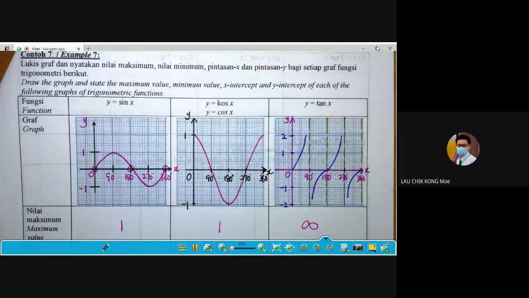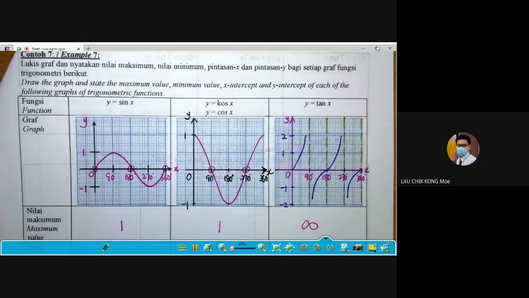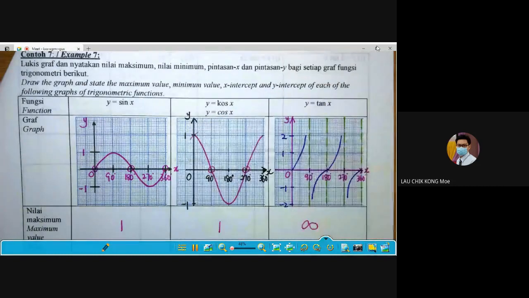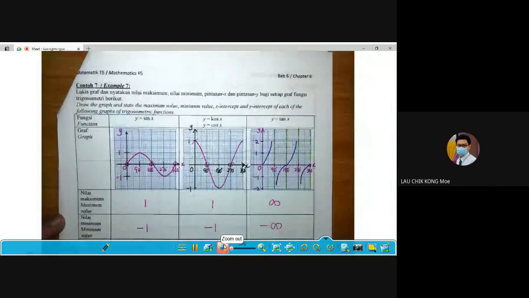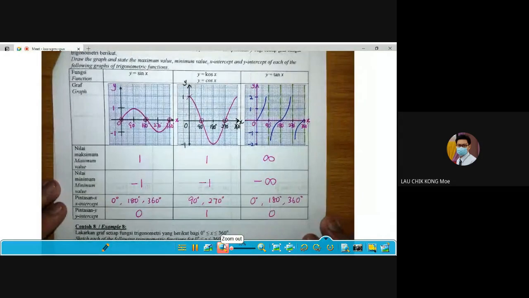And on the x-axis, we only have two: there is 90 degrees and 270 degrees. And the y-intercept, if you look at here, is 1. Y-intercept is 1. Okay. So this is your answer for cos x. Oh, tak nampak sekejap. Sorry. This one. Okay. All right.